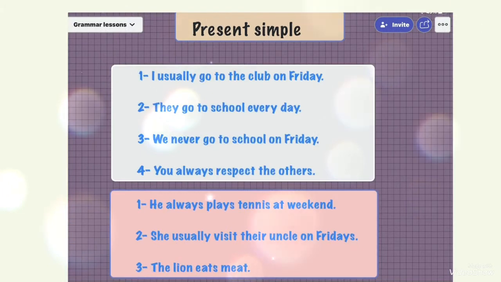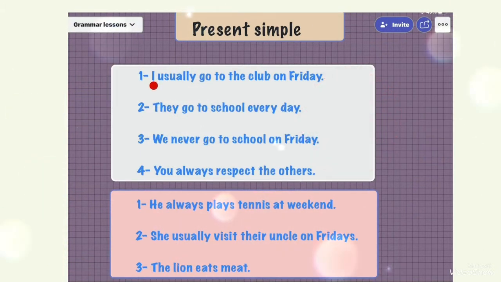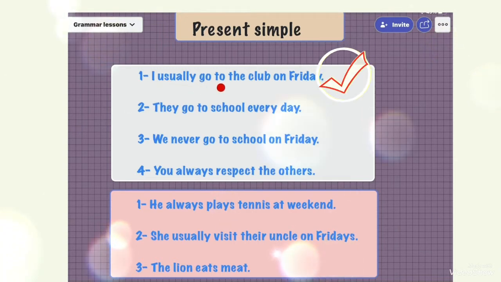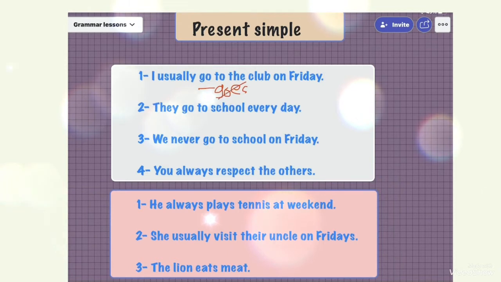Let's see the examples together. Number 1, I usually go to the club on Friday. I usually go. Can I say I usually goes? No. Why?